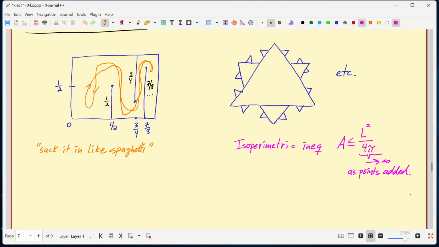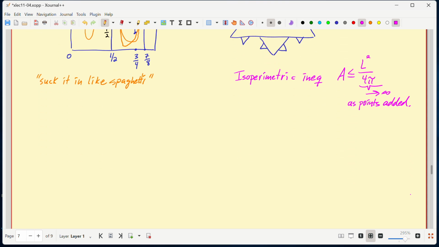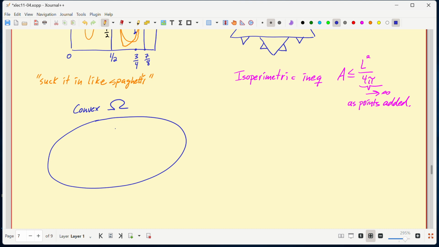Let's see. So another example, convex domains are, of course, simply connected domains. And so let's see if I had a curve in here. I'd pick a point A, and I would take what I would call the tornado homotopy.